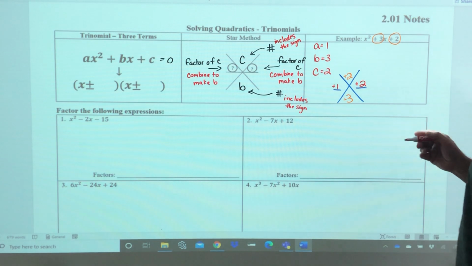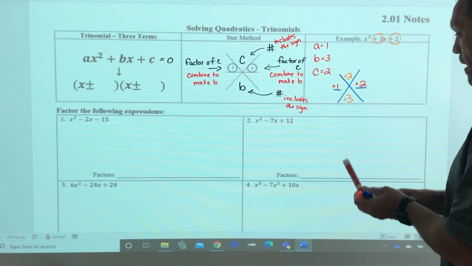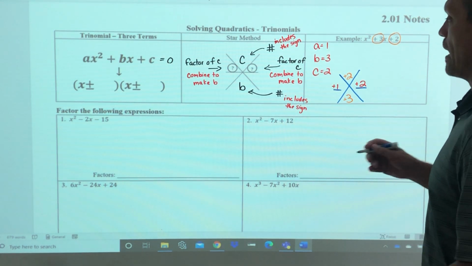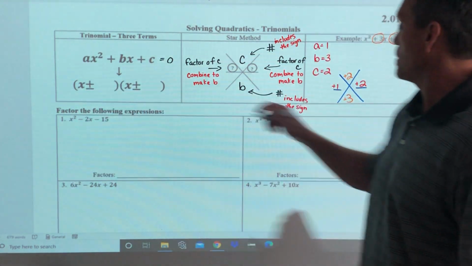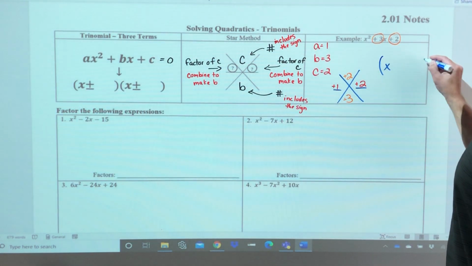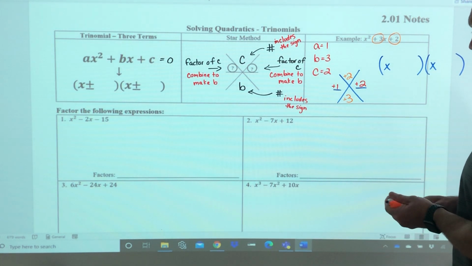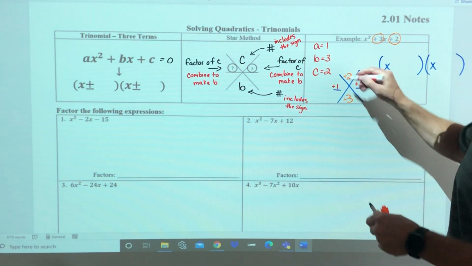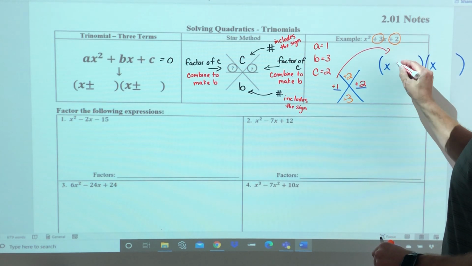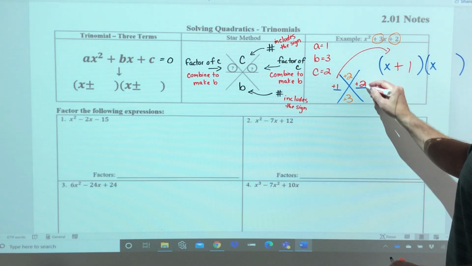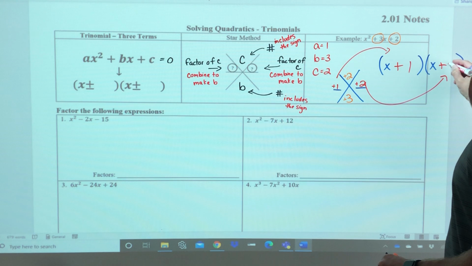From there, you simply plug in your x values. So you're going to have this plus or minus here, which is x and x. And from there, you simply plug in your value. Plus 1, plus 2.